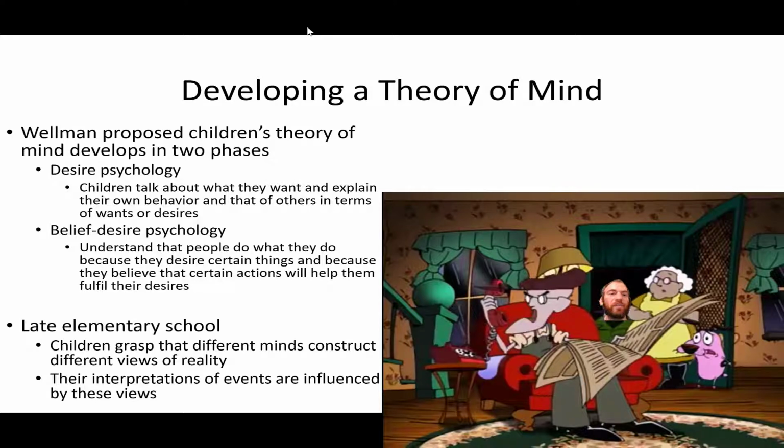So the general idea here is that as children age, they understand that people have different brains than you, and they have different interpretations and different motivations when interacting in the world. And these particular interpretations of the world and of events existing within the world are influenced by different views of the world around them.